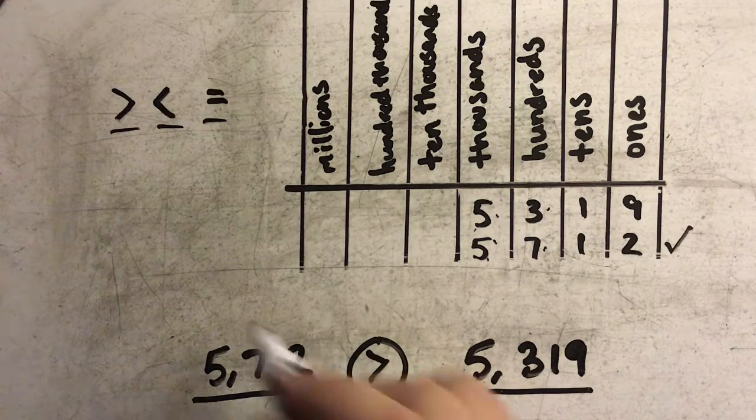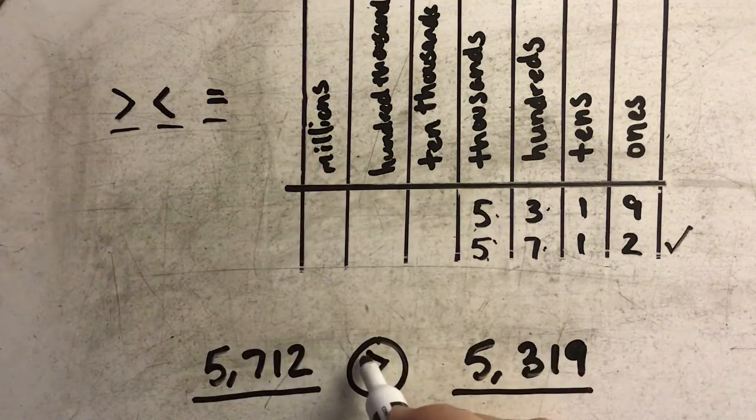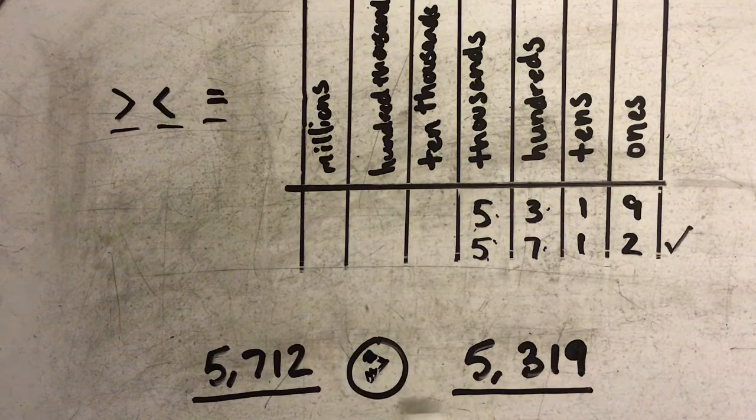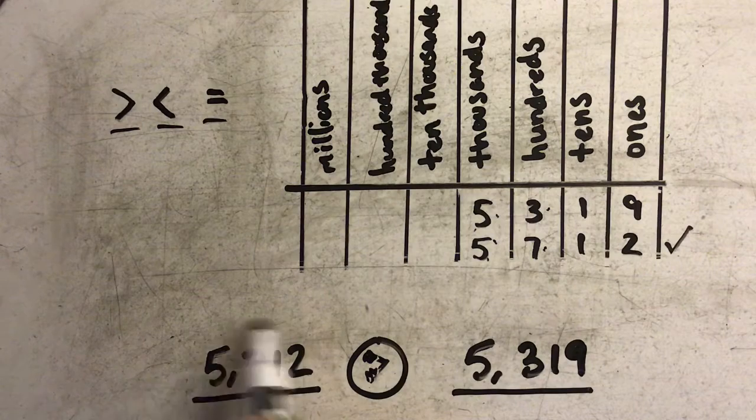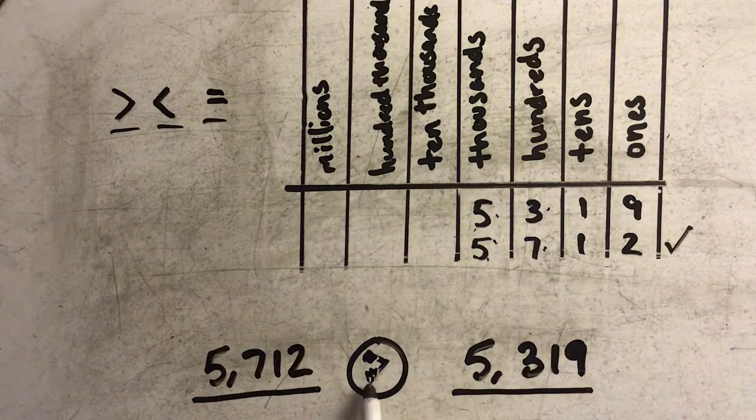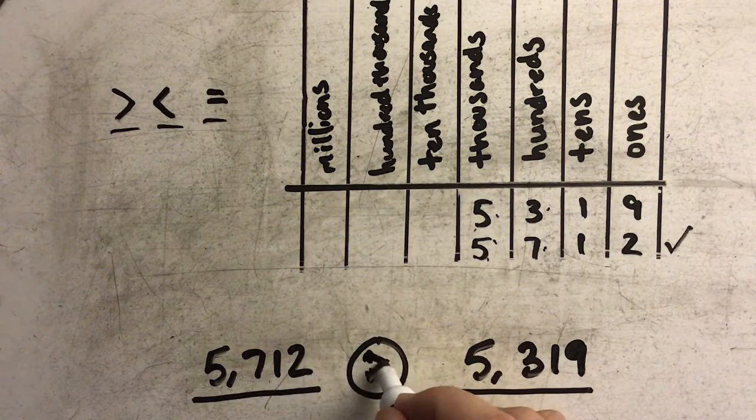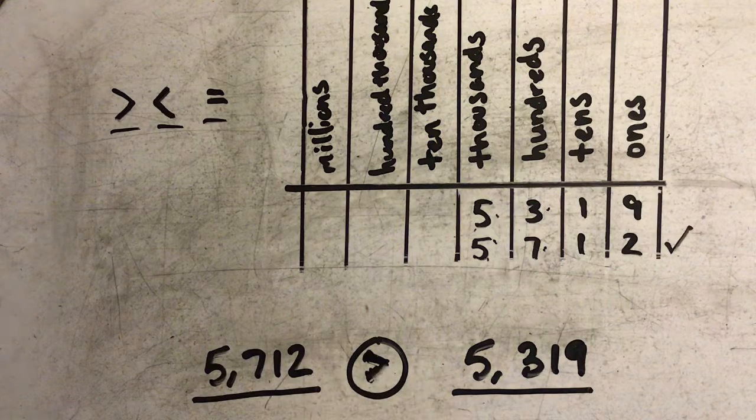Or a mouth of an animal coming to eat the larger of the two numbers. So in this case, this number was larger than this number, so I would put the greater than symbol facing that number. And the way I would read this is 5,712 is greater than 5,319. I always read my comparing sentences from left to right.